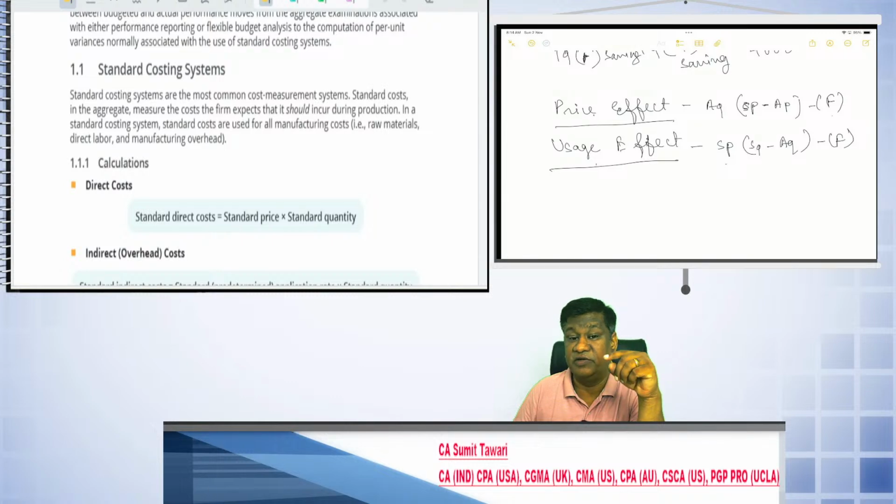When we are calculating the price effect, we calculate the difference in prices, but we compare it with the actual quantity. And whenever we are calculating the impact due to quantity, we evaluate the difference in the quantity usage, but the common factor is the standard price. That you need to keep in mind. Any doubt here?